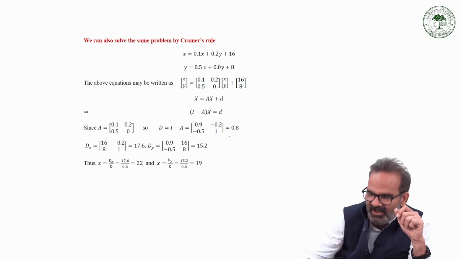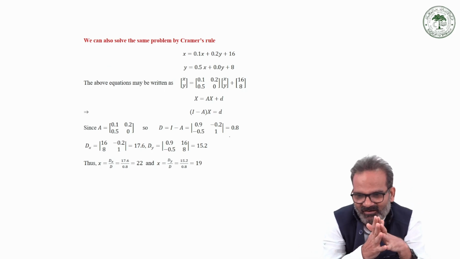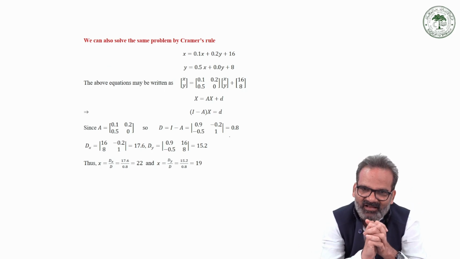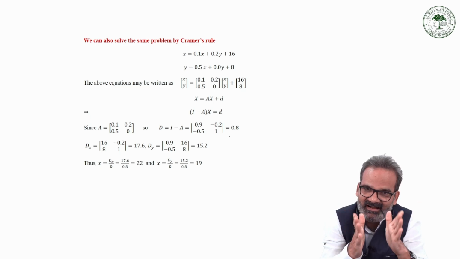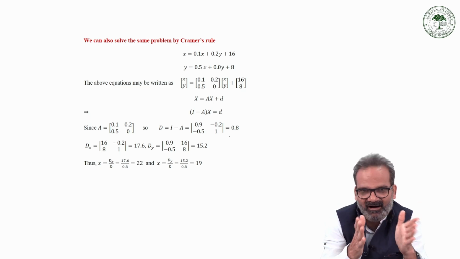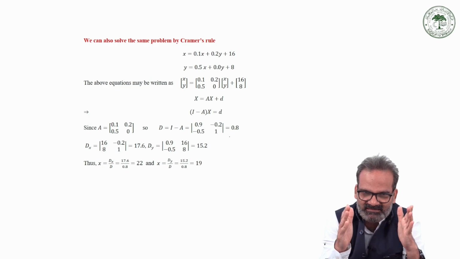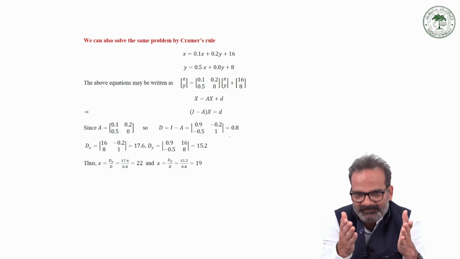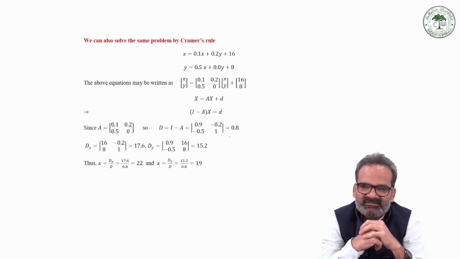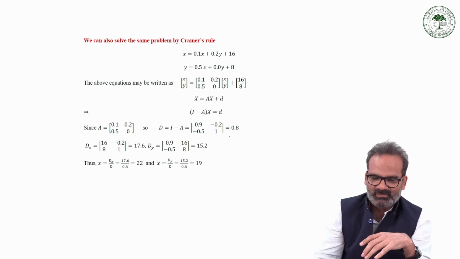Now I have told you we can find out the solution of the system (I minus A) x is equal to D using either the matrix inversion method or by Cramer's rule. For the sake of understanding or for the convenience of these students, I have also solved the same question by using Cramer's rule.